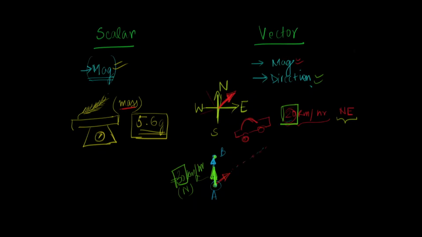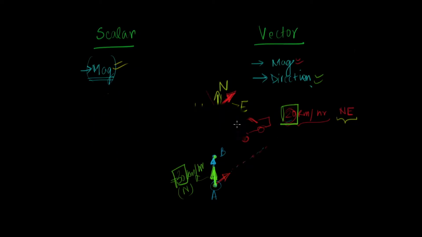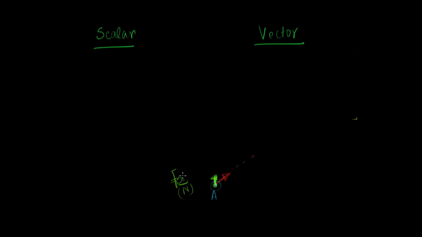Now that we have discussed the importance of directions in addition to magnitude for many quantities in physics, we can work out certain quantities that we may or may not have come across so far, and which of them are scalars and which are vectors. So let me rub this all for a moment, and let us start with mass.